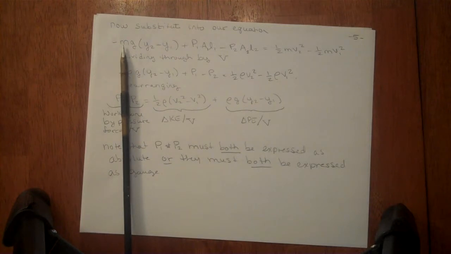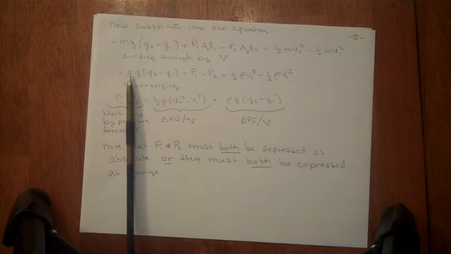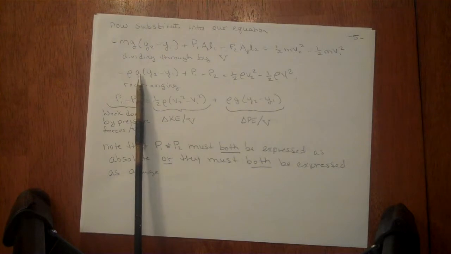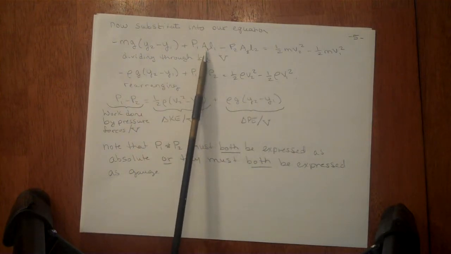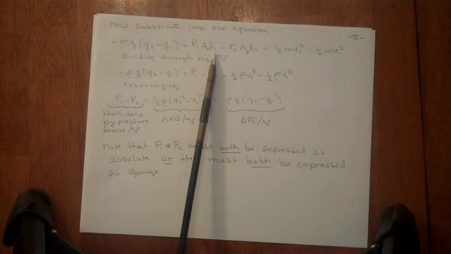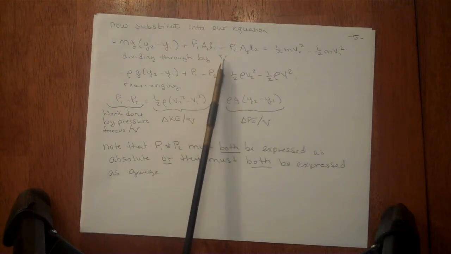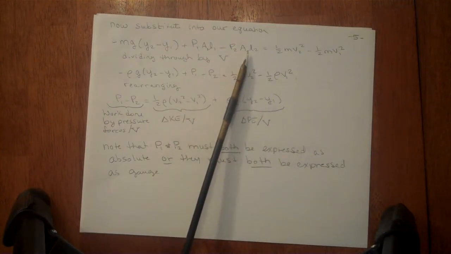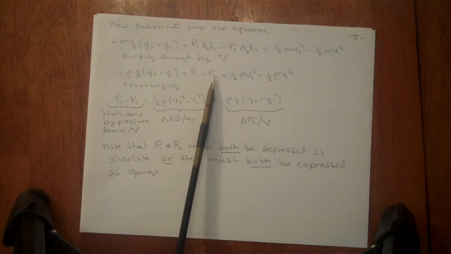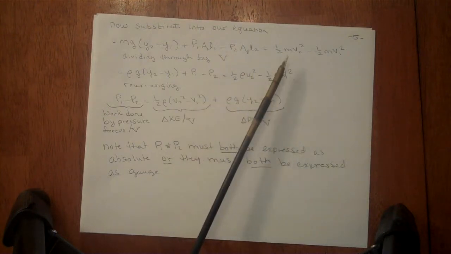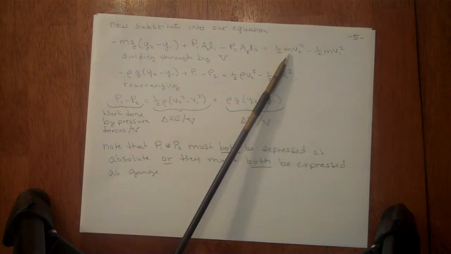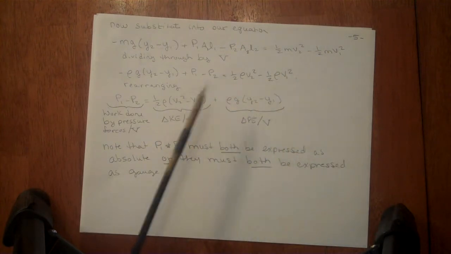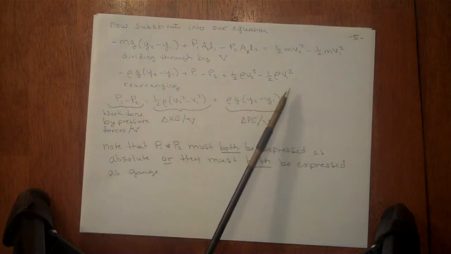You see here you get m divided by V, which is just the density of the fluid, times g (y2 minus y1), plus, when we divide P1A1L1 by V, the A1L1 cancels the V, we get P1. Likewise, with this next expression, we just get P2, is equal to, dividing these two terms by volume, we get mass over volume, which is density. So here's the new form that we have.